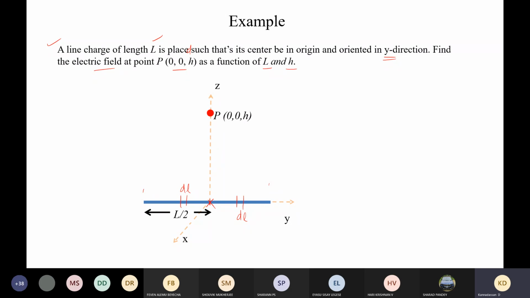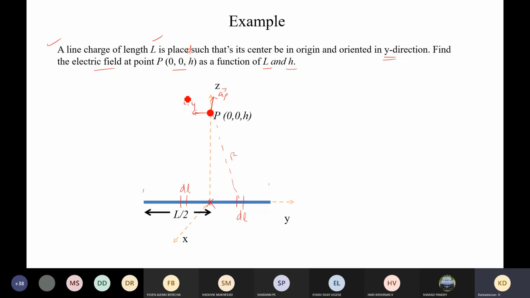So this problem looks big, but it can be easily solved considering the earlier workout. That is one procedure. But before selecting dL and taking the opposite one, first you have to describe it. If we take this particular dL and draw a line joining it, let's say this is equal to R, then this will have two vectors: one is a rho vector, and another one is in this direction, a y vector.